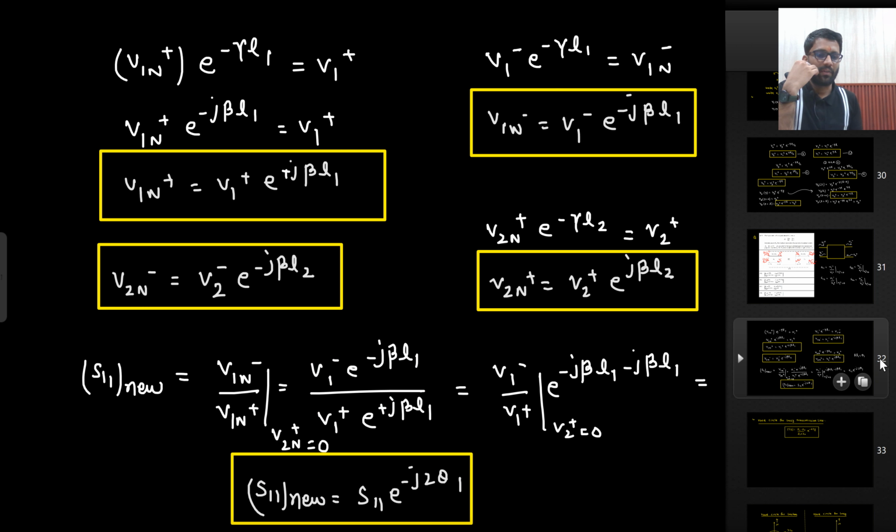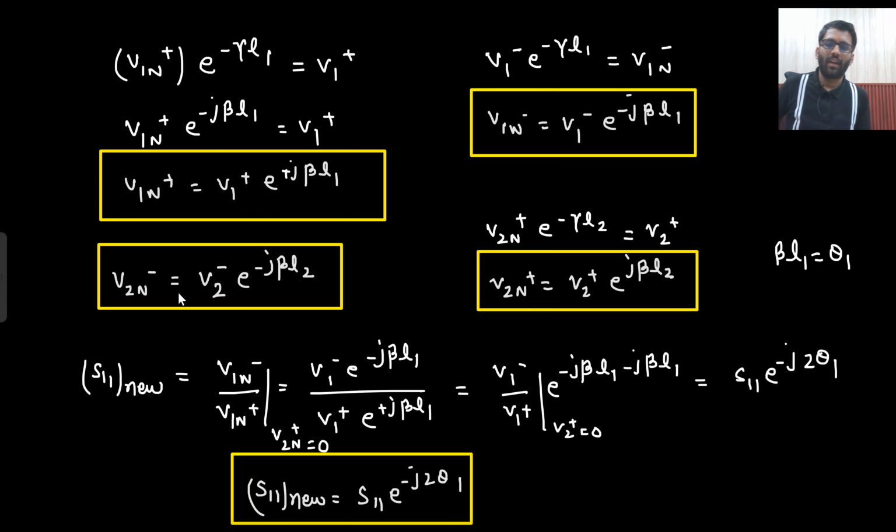S11 new. Let's find out other things. What I need to find? S12 new. So what will be S12 new? That would be V1 n minus upon V2 n plus, considering V1 n plus is equals to 0. So what is your V1 n minus?